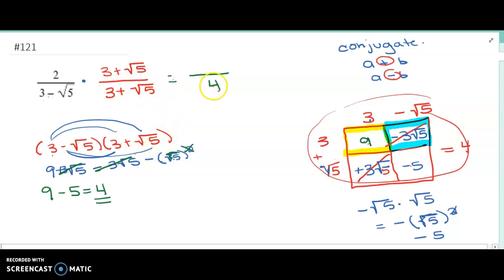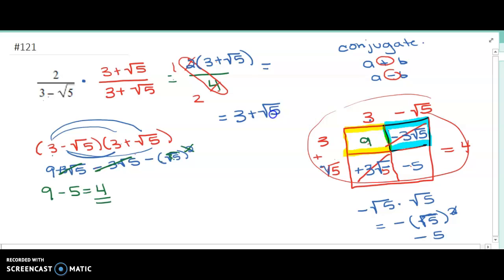So the bottom is 4, and then the top is 2 times 3 plus square root of 5. Well, we can simplify this a little more. Notice we have this 2 over 4, which reduces to 1 over 2. Well, 1 times this, we can just drop our 1. So we can just say 3 plus square root of 5 over 2. This would be your final answer.